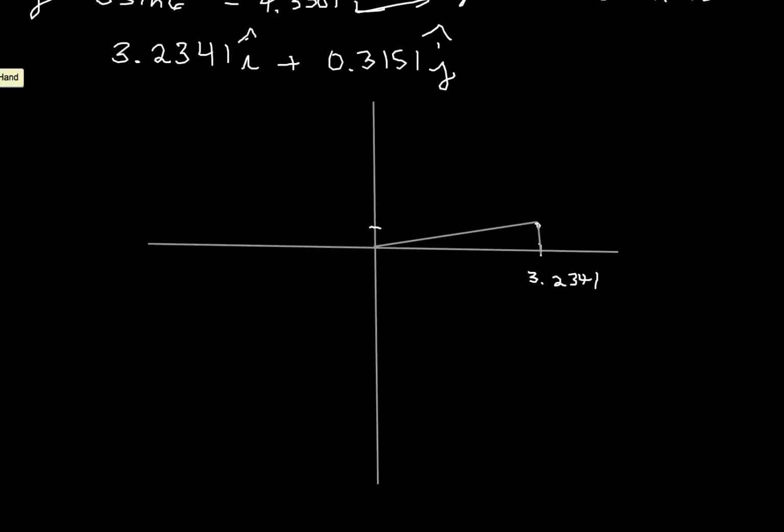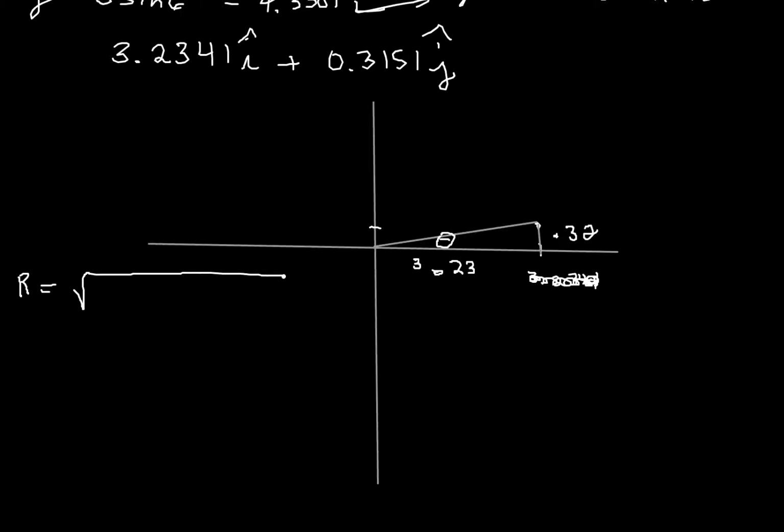Now, believe it or not, you have to do the Pythagorean theorem to get this. We know this side right here is 3.23. We're going to round that, and this side is 0.32. I know it's a nightmare to do the Pythagorean theorem, but that's your resultant.